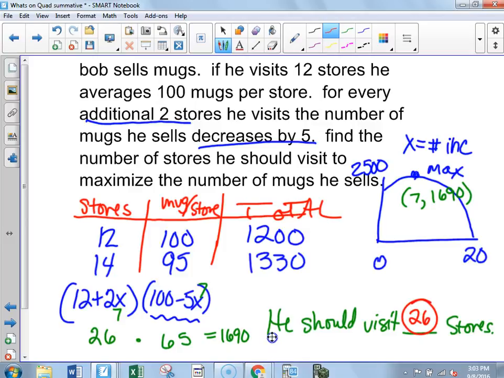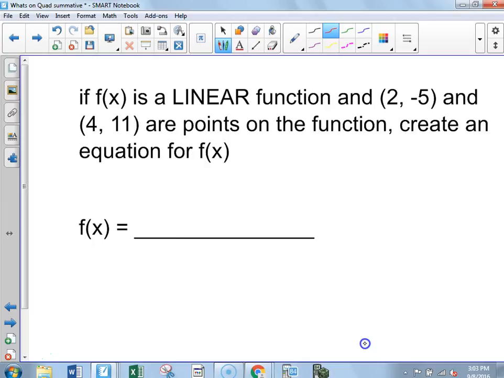Okay. So was he slacking at 12 stores? Yeah, because he could go from 1,200 mugs to almost 1,700 mugs, right? And I'm sure they were coffee mugs, not beer steins, right? Everybody likes coffee.